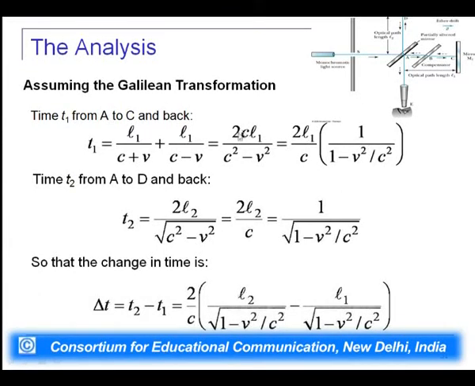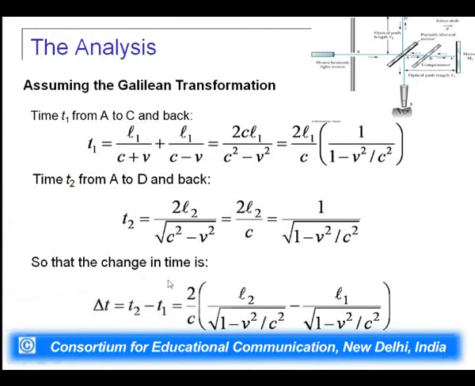Here we directly write one time for going that side and one time coming back. Then it will be equal to 2L2 divided by c times 1 by root of 1 minus v square by c square.